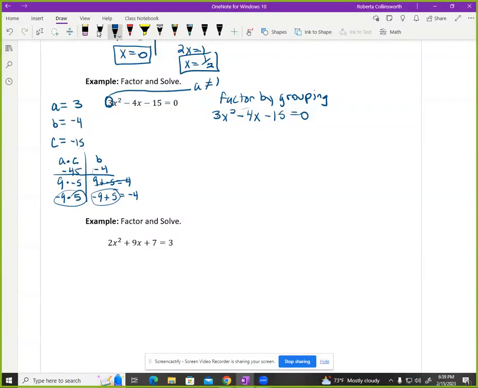So I'm going to take this b term and I'm going to rewrite it with a -9 and a +5, and I'm going to add an x on it. So I'm going to say 3x squared minus 9x plus 5x minus 15 equals 0. So this right here is the same thing as this. And I got those from here.